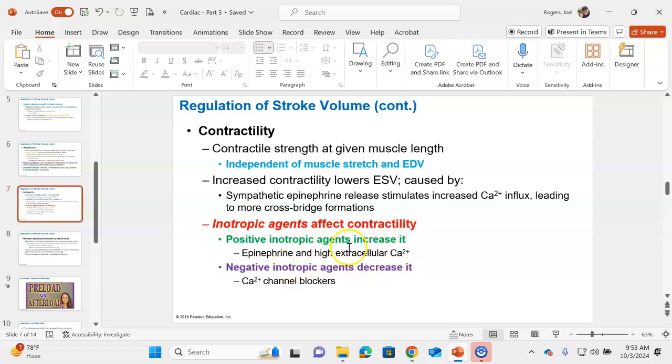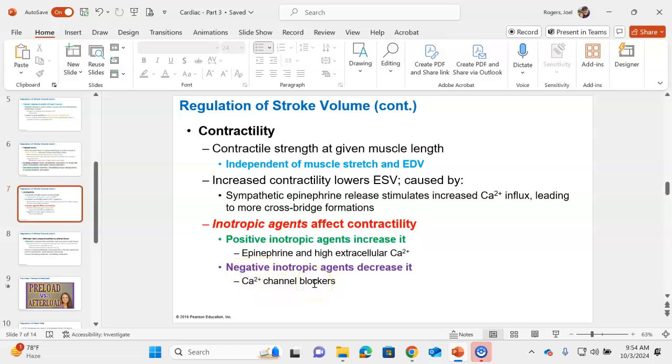Or if you have hypercalcemia, like we talked about in the part 2 lecture, every time during that plateau phase, if there's more calcium in the blood, more calcium is going to get into the myocardial cells. And again, more calcium, more cross bridges, more force. A negative inotropic agent is anything that decreases contractility. For example, a calcium channel blocker.